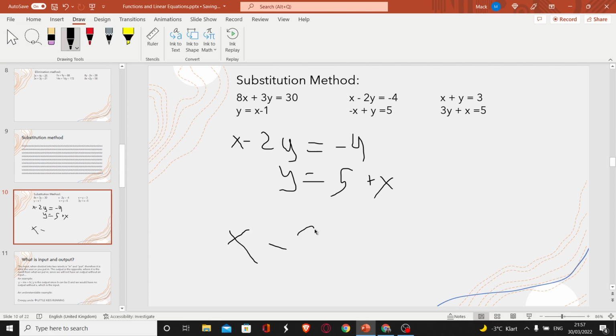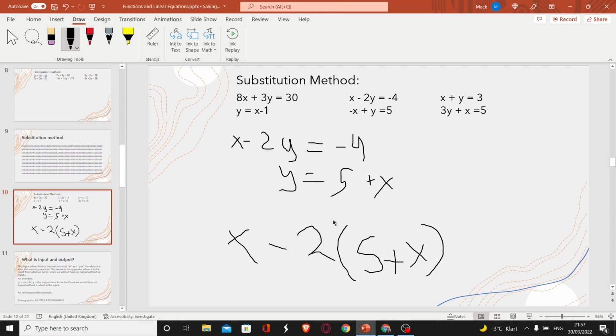Use the distributive property here, but remember that this term is minus 2. So when we are using the distribution method here, when we write 5 plus x, because the equation says x minus 2y, and that is the same thing as minus 2 times y.